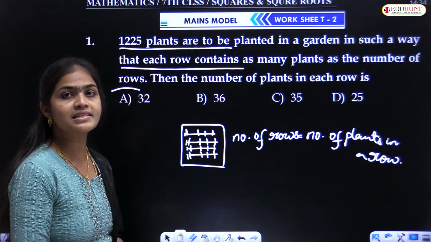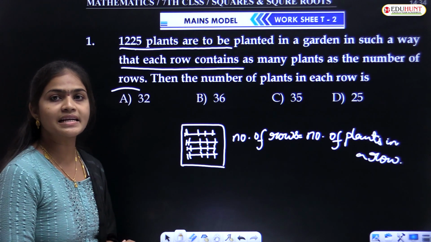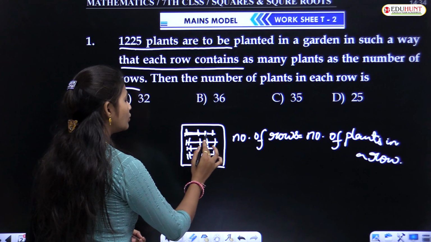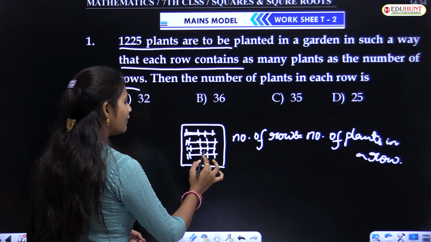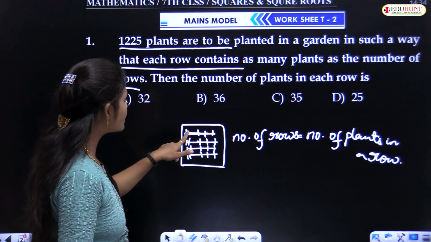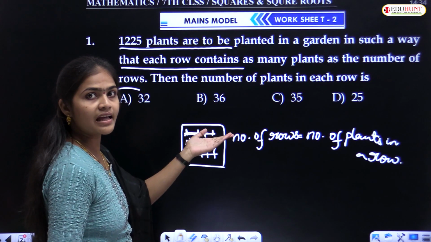Now, how many plants are there in all? Just observe, 1 2 3 4, 1 2 3 4. In every row we have 4 plants, so we calculate this as 4 rows, each row having 4.